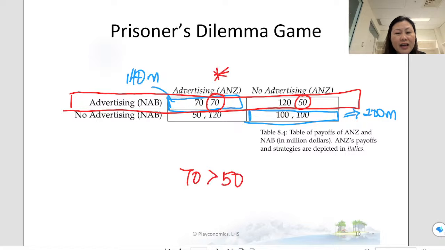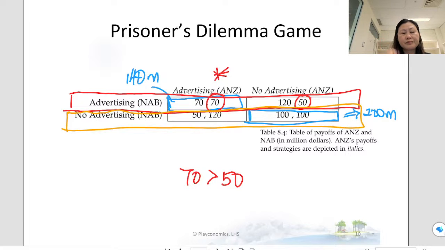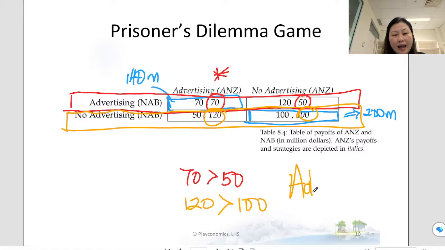So we advertise. If NAB does not advertise, ANZ advertising will give them 120 versus ANZ not advertising will give them 100 million, and therefore 120 greater than 100 million, we advertise.